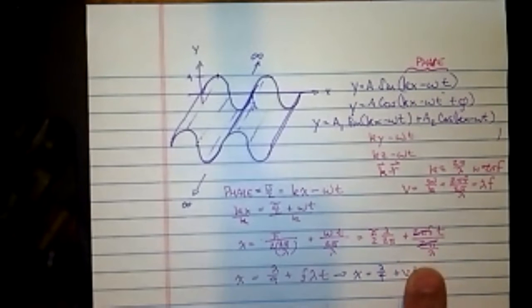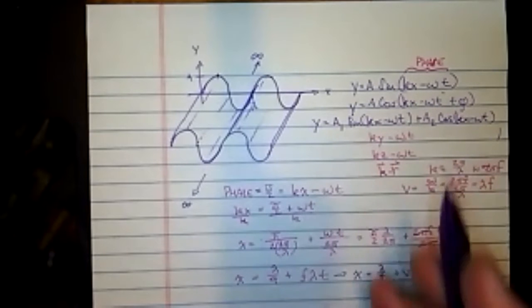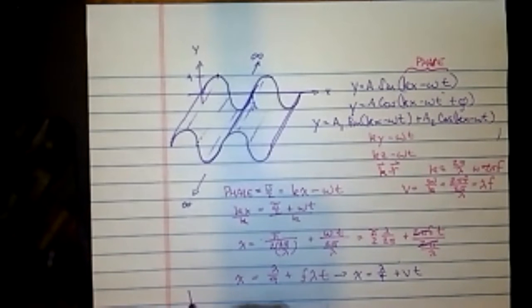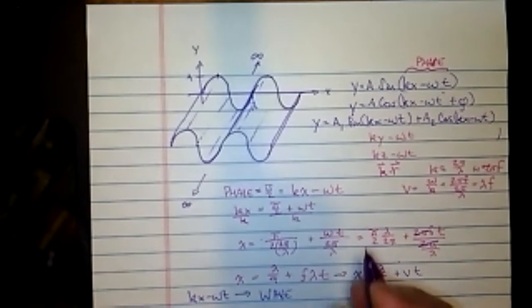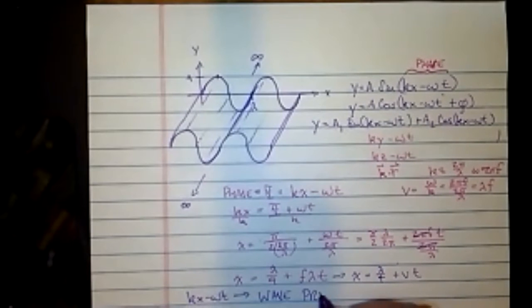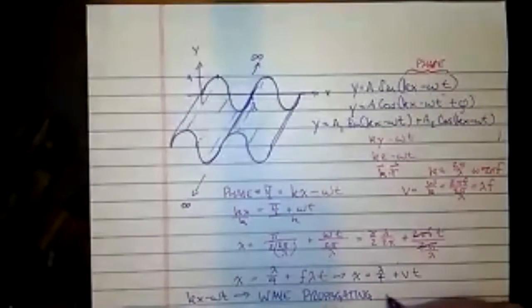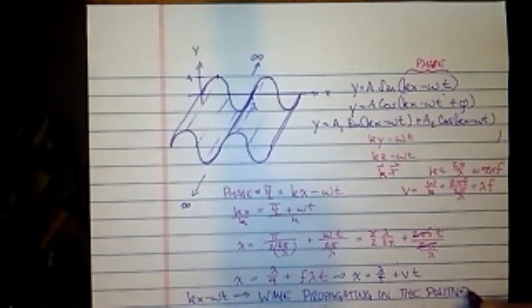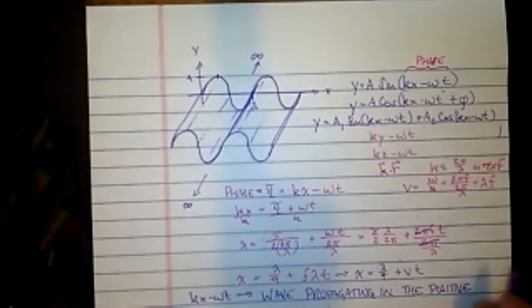But as time goes on, notice it becomes 1 second times the velocity, or 2 seconds times the velocity. So the wave is, in fact, moving this way. So kx minus omega t implies a wave propagating in the positive x direction.